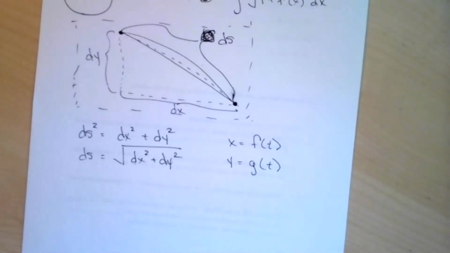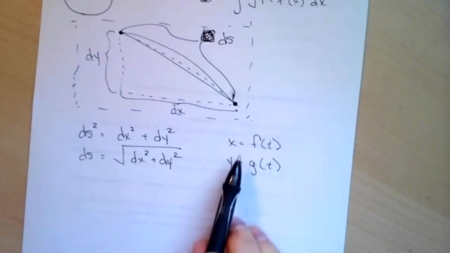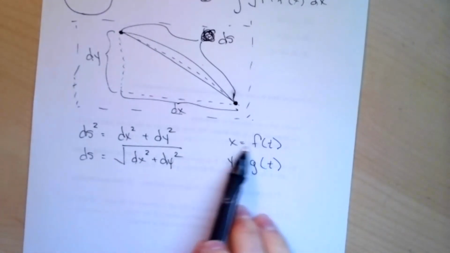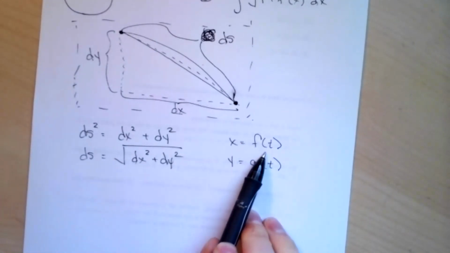Then just like we've done with u substitutions and trig substitutions, when we have a substitution for a variable, and this is kind of what you can think of as these parameters in some sense.